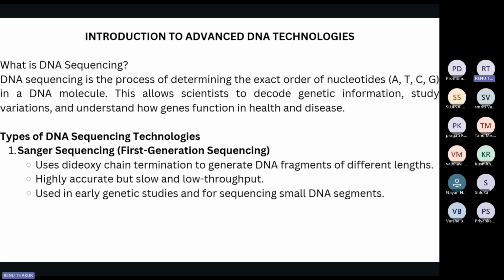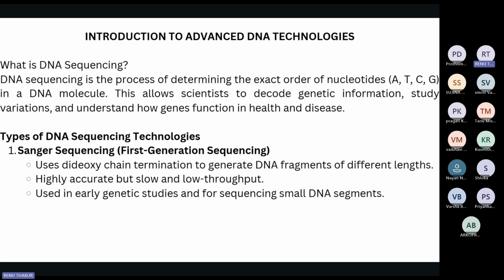DNA sequencing technologies have evolved a lot. They've undergone many significant advancements. I hope you all have heard about the Human Genome Project. Have you all read about that or heard about it?